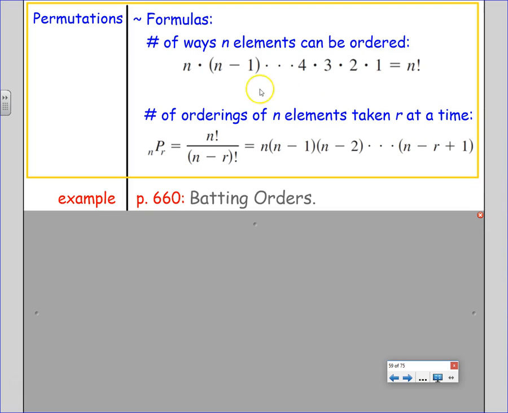And even though sometimes you will get all the way back to 1, if you have 6 objects and you're arranging those 6, if you have 5 objects, you're arranging those 5, if you have 10 objects and you're arranging all 10 of them, then maybe you'll get the entire factorial.